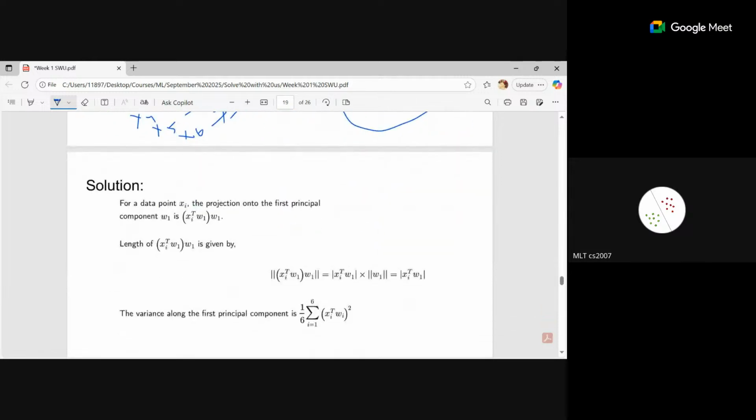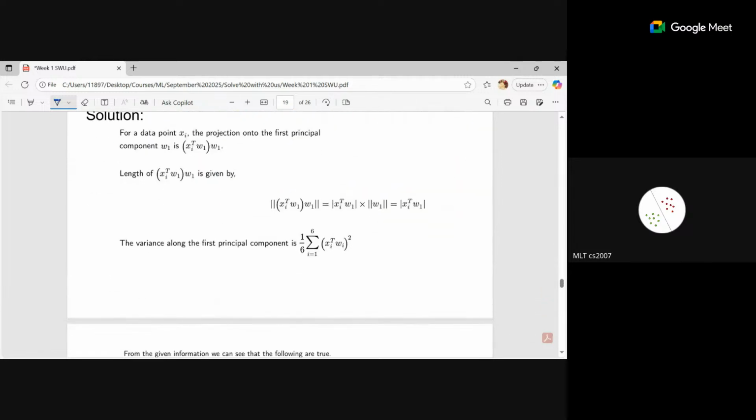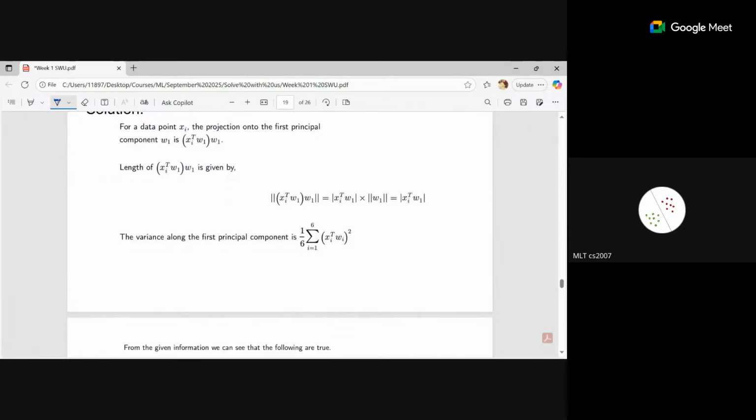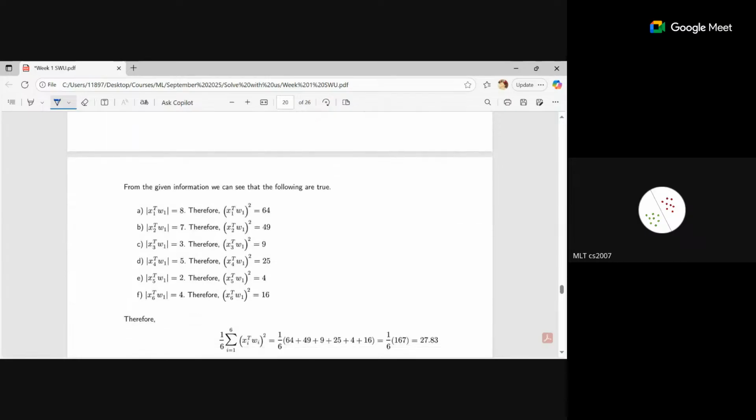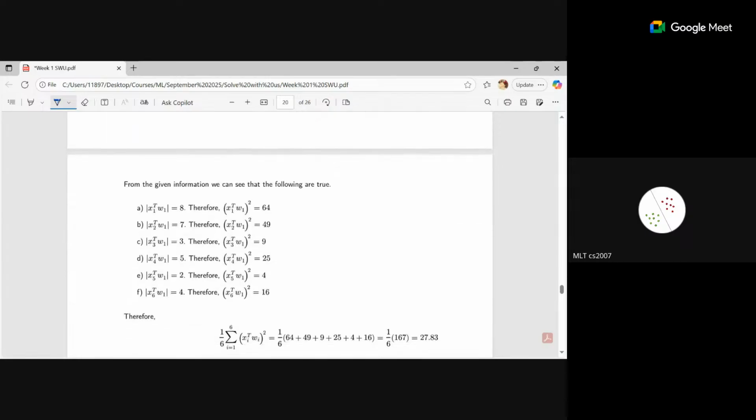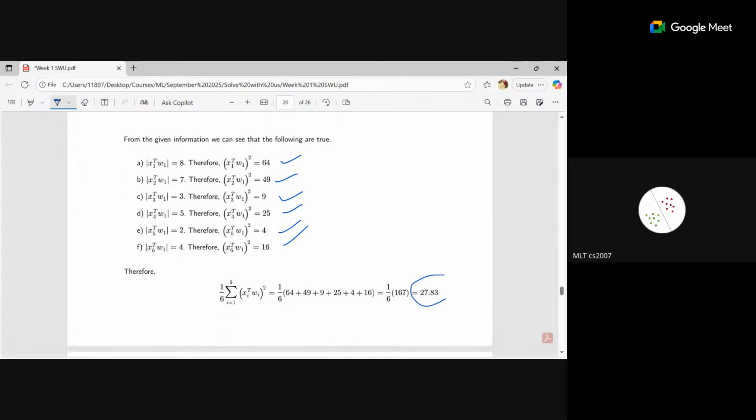So we'll do 1 upon 6 sum over xi transpose w1 squared, i varying from 1 to 6. If you take the squares, the final answer will come out to be 27.83.